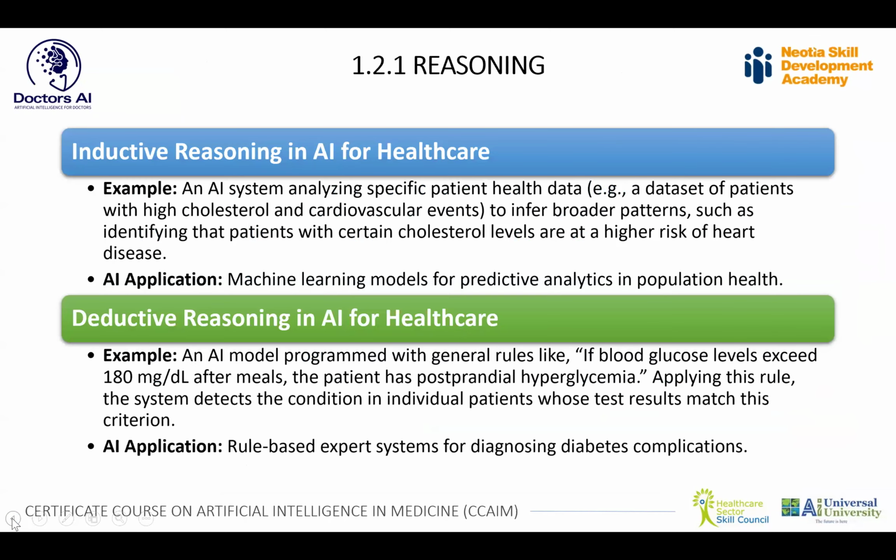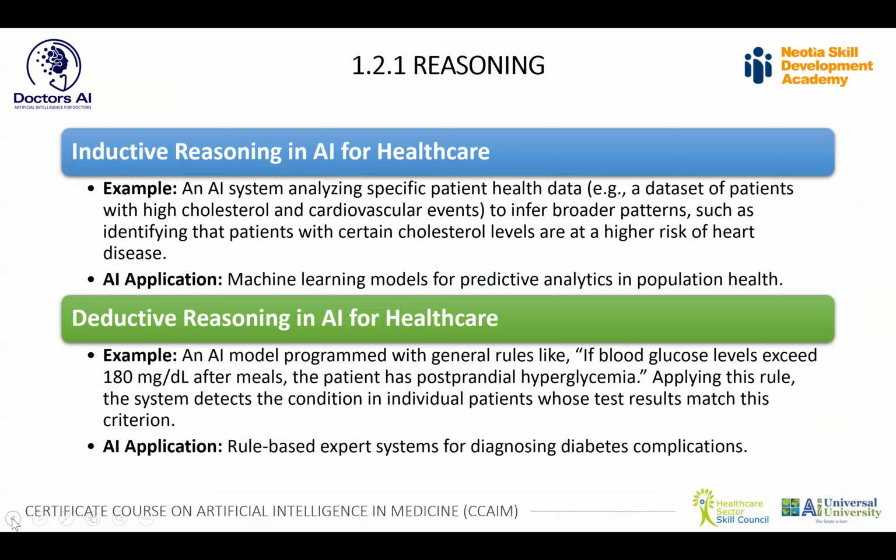Remember the example I gave you: an AI model programmed with a general rule. If the blood glucose level exceeds 180 milligram per dL, then this is postprandial hyperglycemia. That's deductive reasoning.